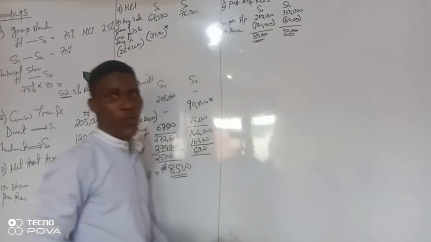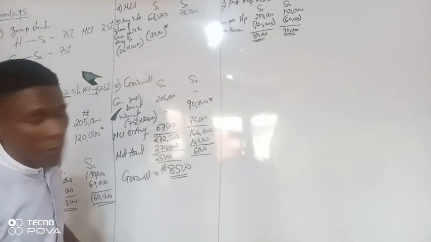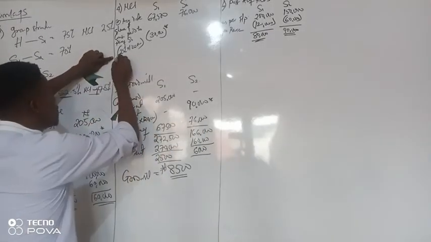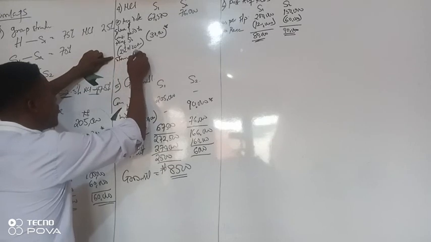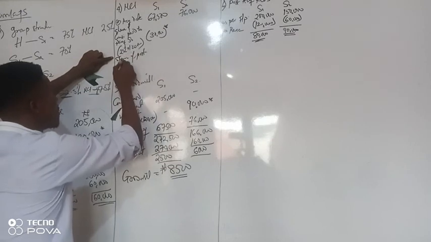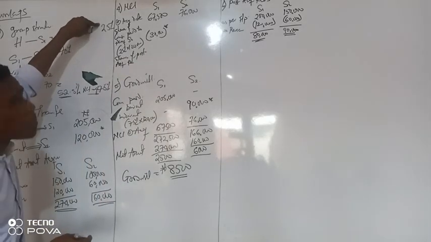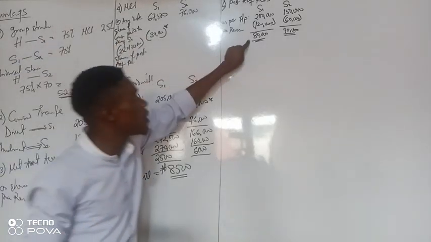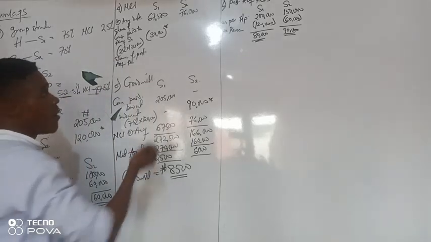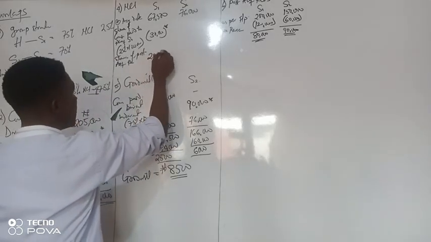So what do you do? Give them their own share, the share of post acquisition reserve. So for S1, how much are you using? 25% of 80,000, you get 20,000.